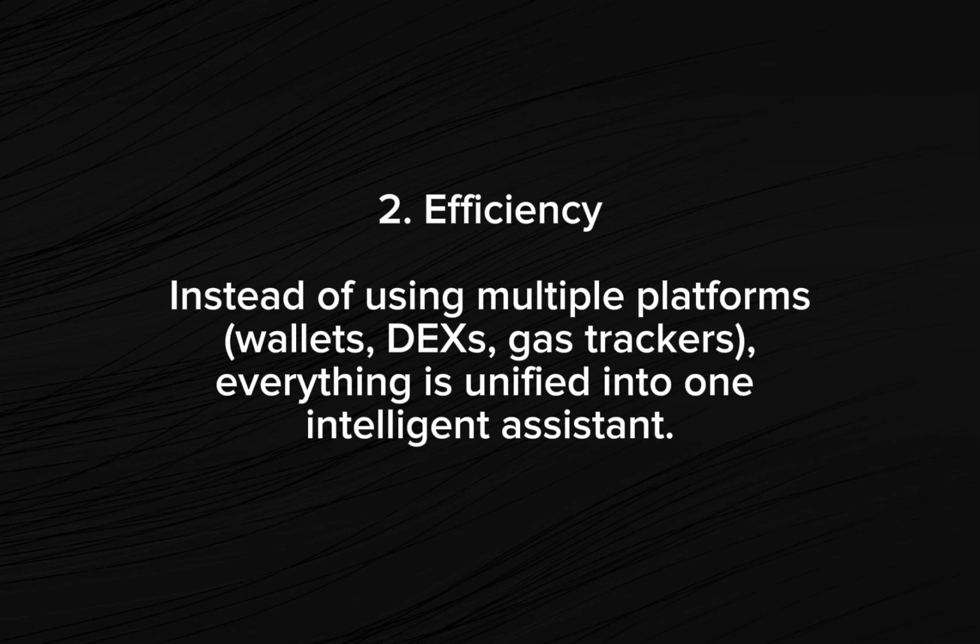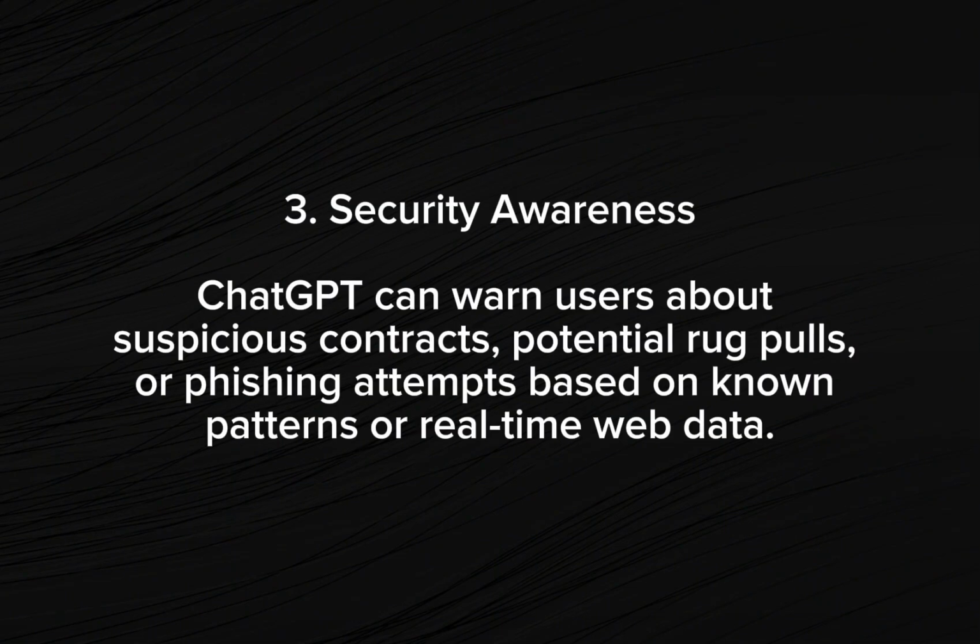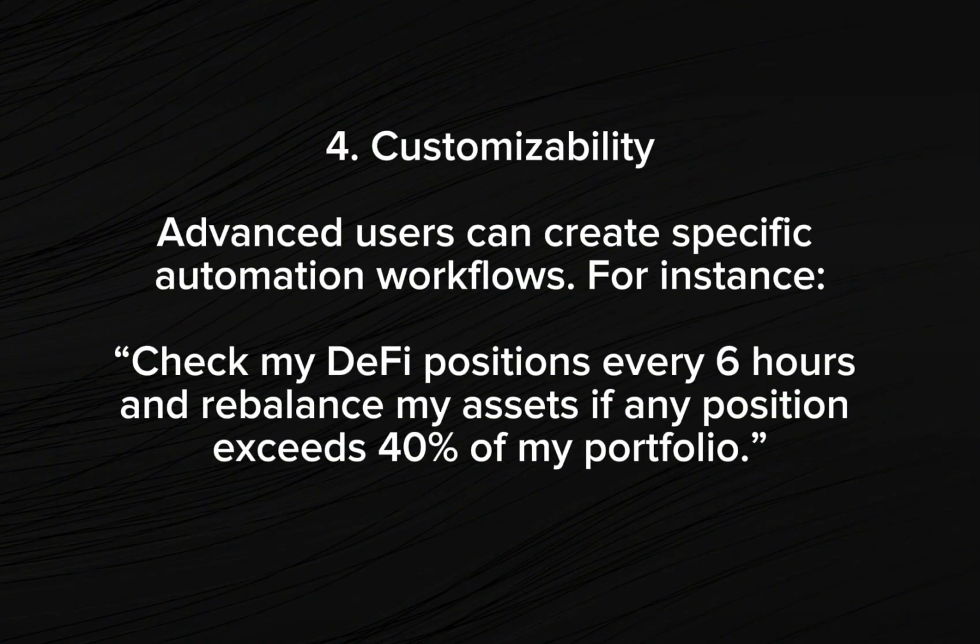Instead of using multiple platforms, wallets, DEXs, gas trackers, everything is unified into one intelligent assistant. 3. Security awareness. ChatGPT can warn users about suspicious contracts, potential rug pulls, or phishing attempts based on known patterns or real-time web data.